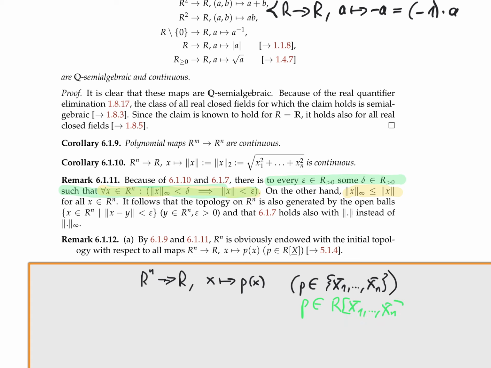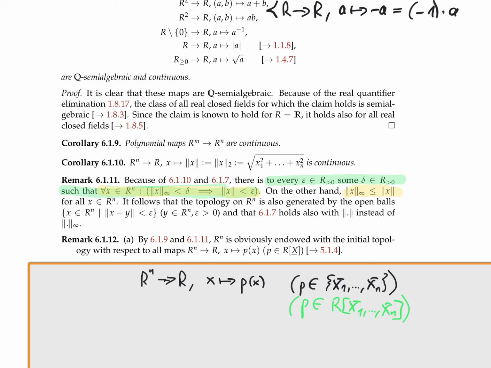Because I had seen that the pre-images of open sets under such a polynomial map is anyway open already in the product topology. So yeah, I could say it's the initial topology with respect to this bigger class of maps here.